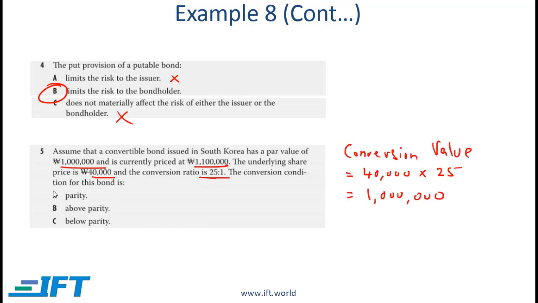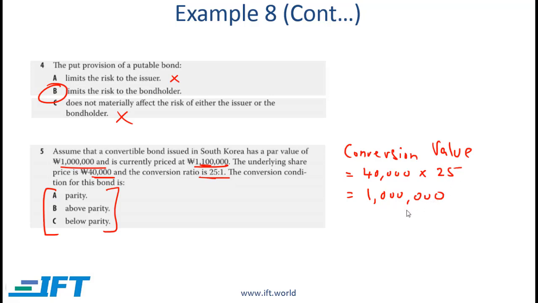I have not talked about this terminology before, but we can discuss it here. To determine whether the bond is parity, above parity or below parity, we have to come up with the conversion value and compare that conversion value with the market price. The conversion value, which we have discussed, is the share price into the conversion ratio.